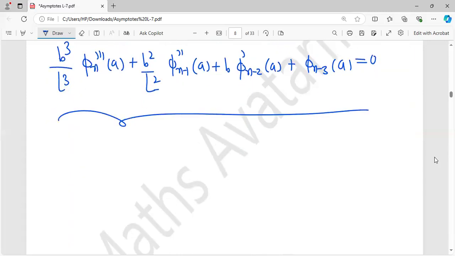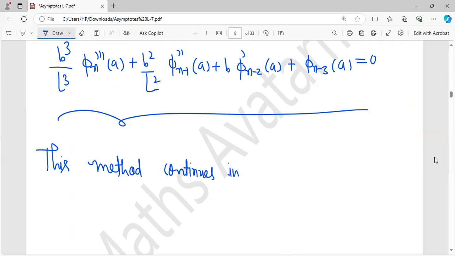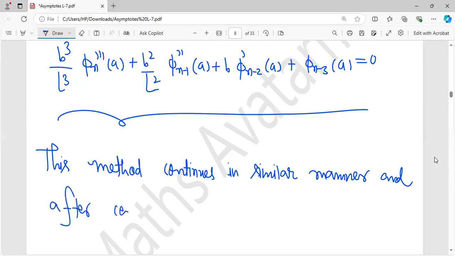So we proceed. So this method continues in a similar manner and after certain steps, it terminates.